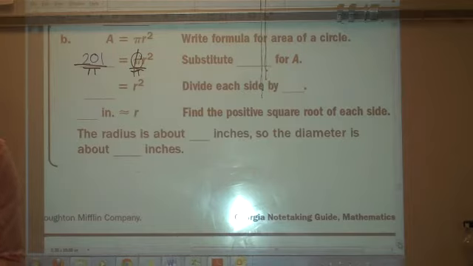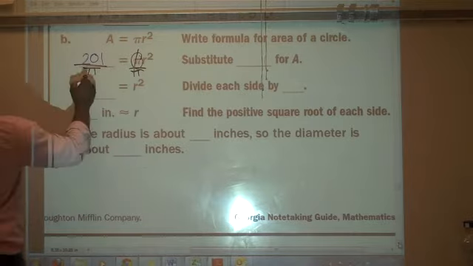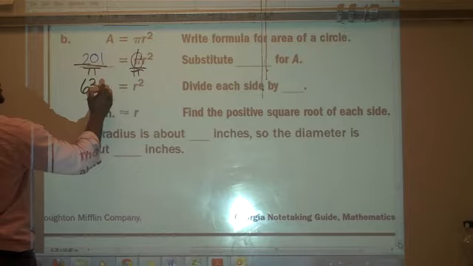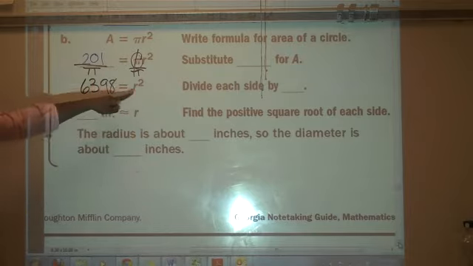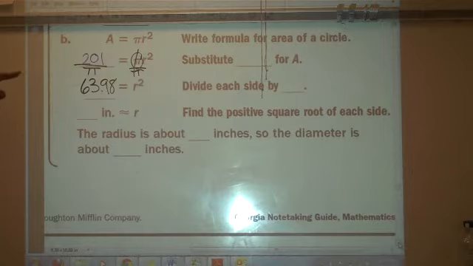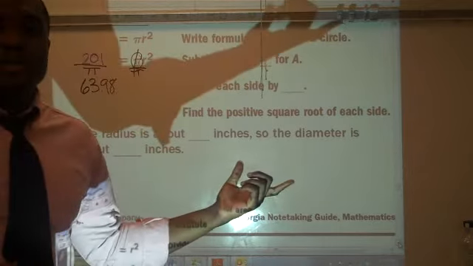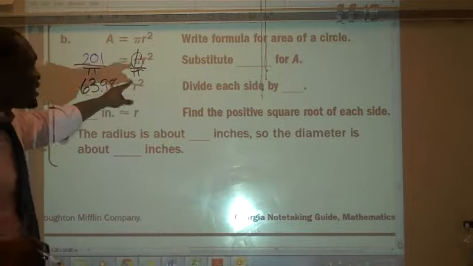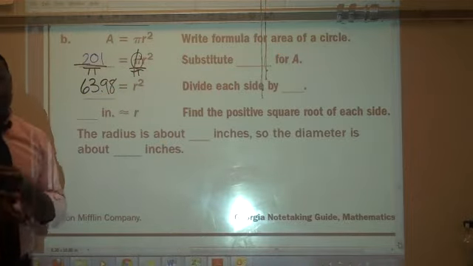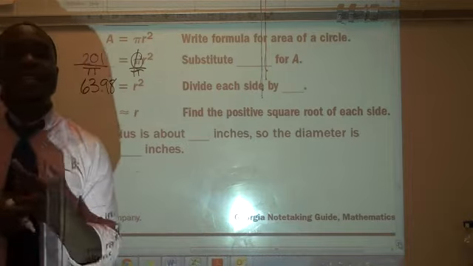In my calculator I do 201 divided by pi. I get 63.98. So I can say 63.98 equals r squared. Well, guess what? We don't want to know what r squared is. We want to know what r equals. So what can I do to both sides of this equation to get rid of the square? Hopefully we can take the square root.